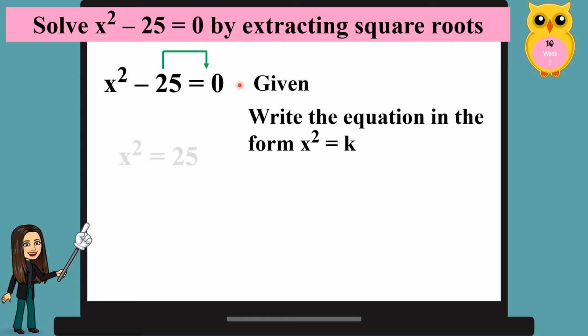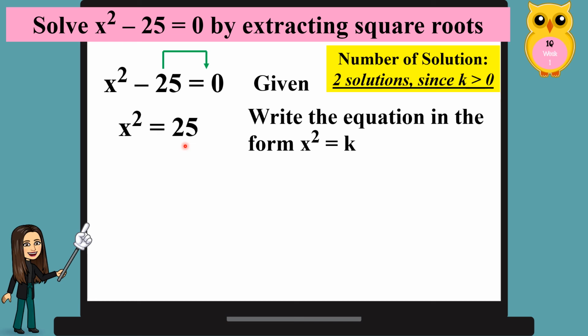Therefore, our new equation now will be x squared is equal to 25. Okay? Since the value of k is greater than 0, how many solutions do we have? Very good. We have here 2 solutions. So later on, malalaman natin ano po yung dalawang solution ng ating given na quadratic equation.